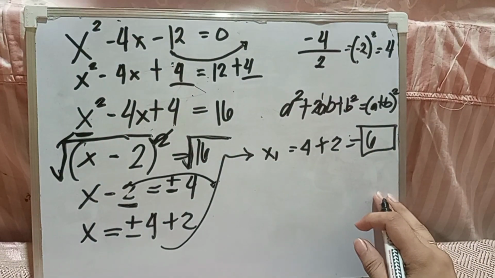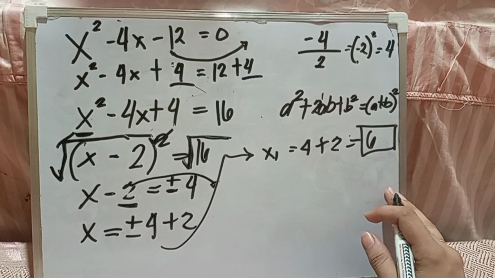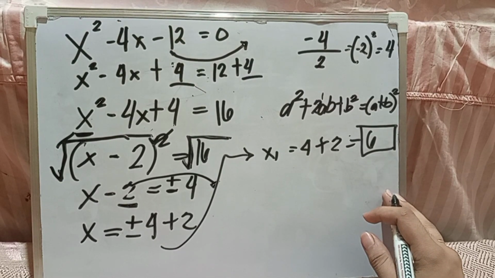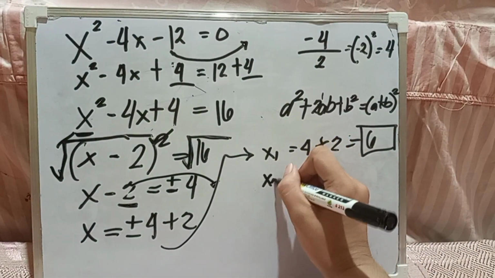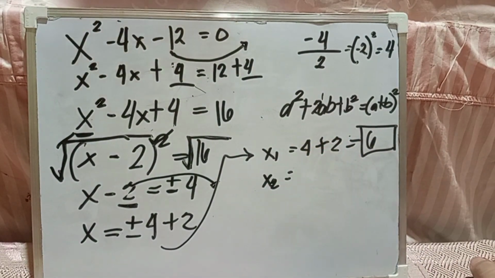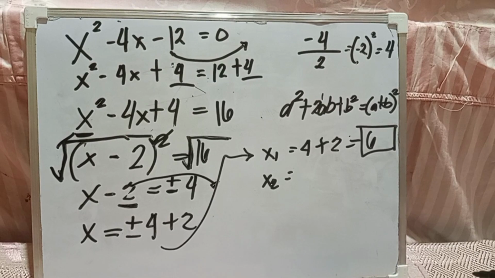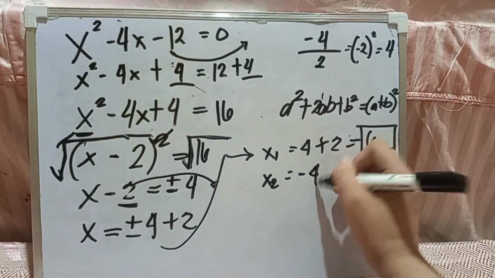And how about the second value of x? To get x sub 2, we will use the negative 4. So we have negative 4 plus 2.